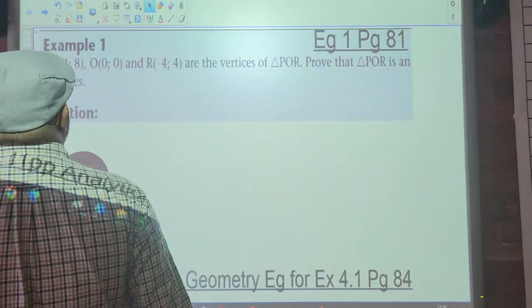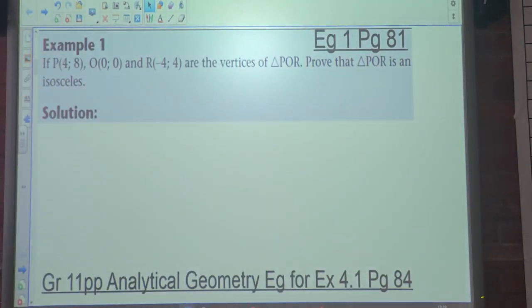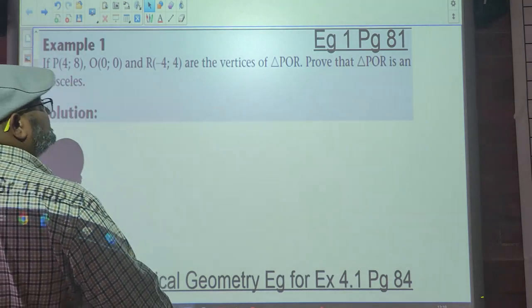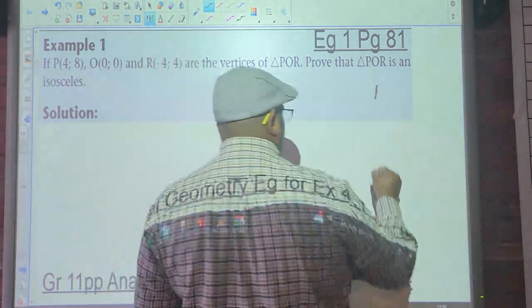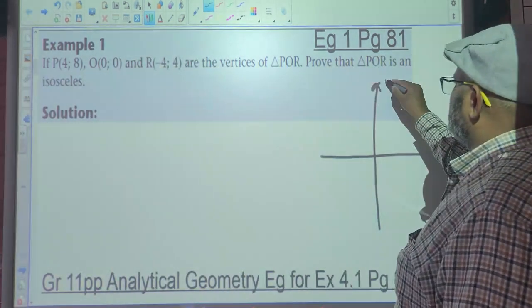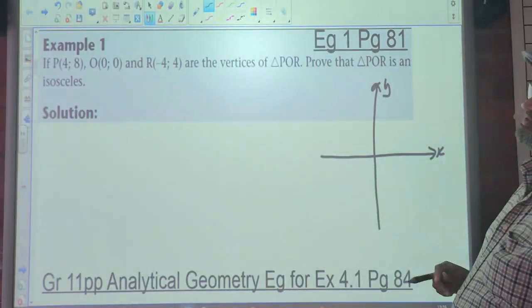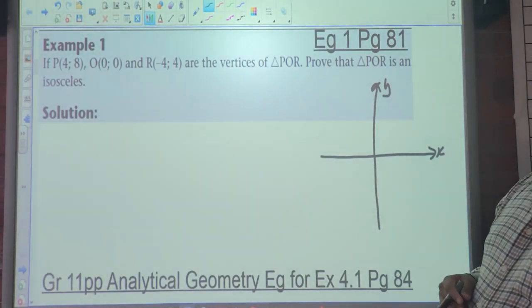Here we are told that P is (4, 8), O, which is the origin, is (0, 0), and R is of course (-4, 4). You don't have to draw this, it just makes it a bit easier to visualize and to identify if something is making sense or not.